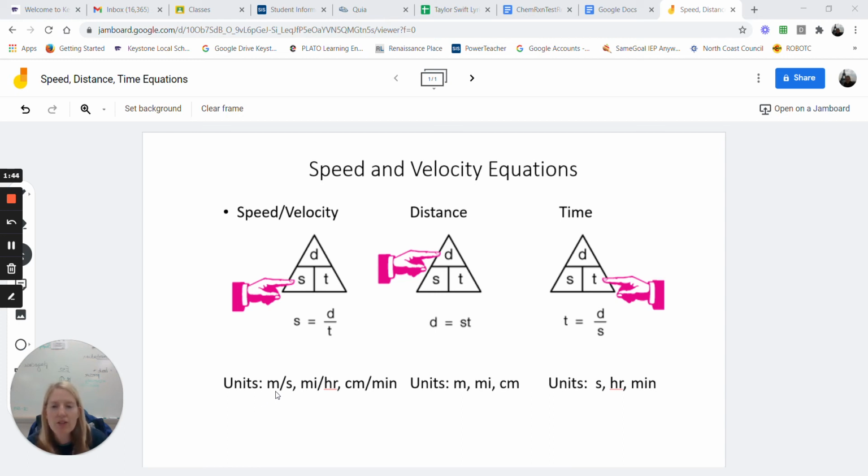Now we're going to have meters per second or miles per hour. Again, it's distance per time.